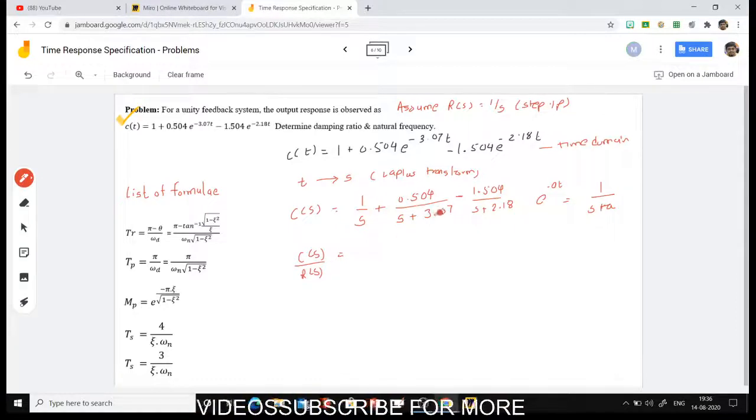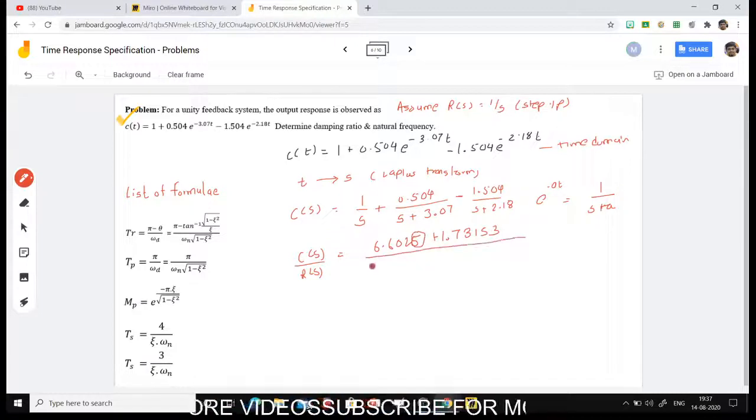You will get the final equation as 6.6025 plus 1.73153 S, divided by S into S square plus 5.25 S plus 6.69.